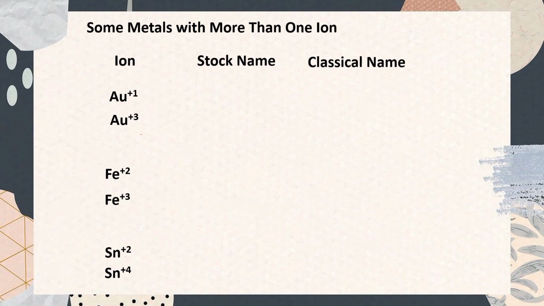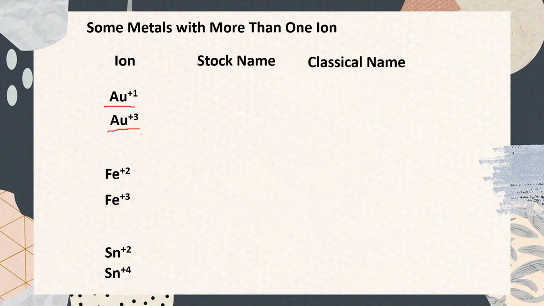The first pair are ions of gold. We have gold positive 1 and gold positive 3. The question is, how are we going to name the first ion of gold using the stock method of naming? Well, it's very simple.